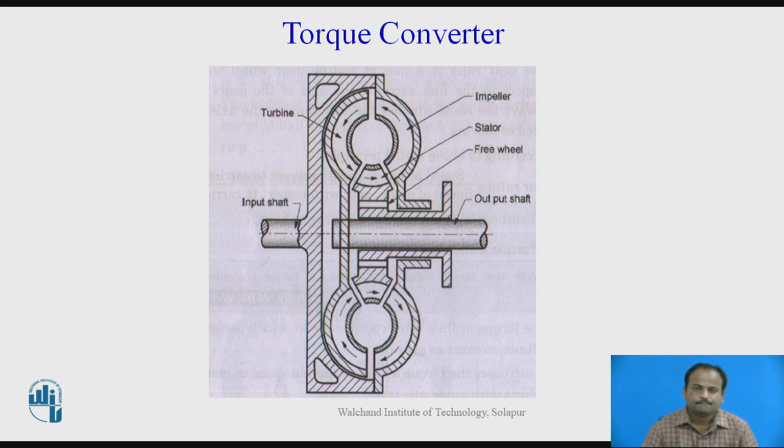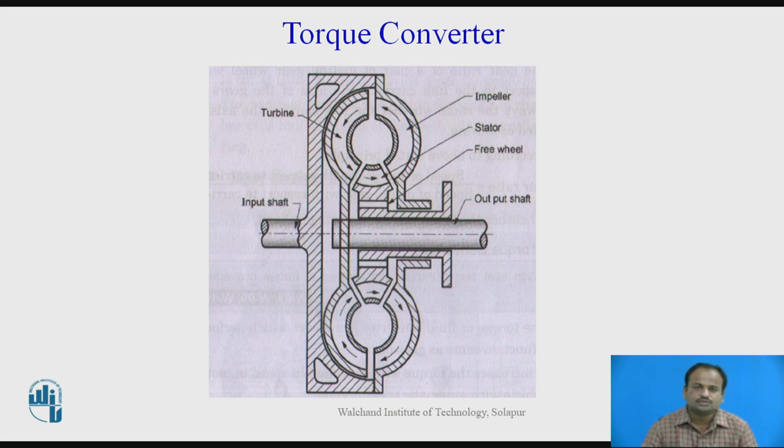How is it operating? When the input shaft, that is impeller, rotates with high speed, the fluid present inside the impeller is thrown away from the center due to centrifugal force. So that forced fluid is transmitted toward the turbine, and when the impeller speed and turbine speed become equal, the fluid is inserted inside the stator.